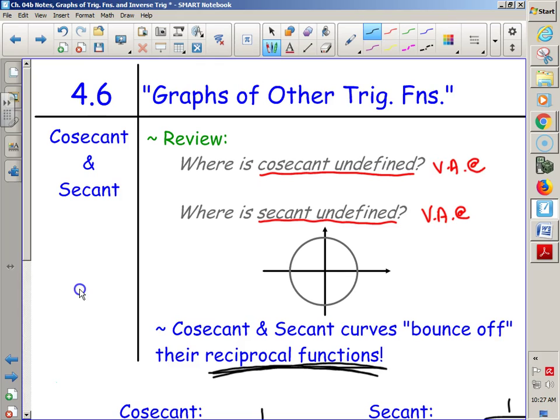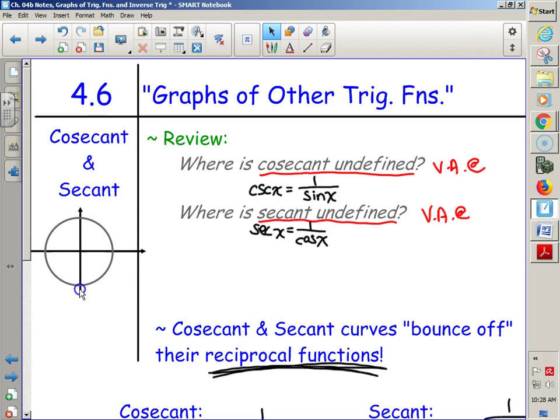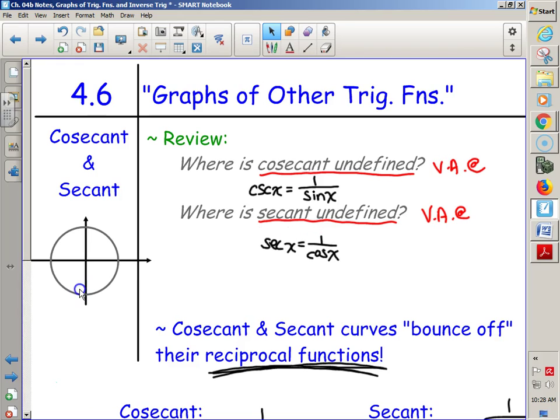But the reason why I put review here is because we know who cosecant is. Cosecant is 1 over who, guys? Sine. And secant is 1 over who? So just for the sake of keeping this nice and organized, if we think about sine and cosine in relationship to cosecant and secant, we could figure out when the vertical asymptotes will happen, because they're going to happen when the bottom equals what?